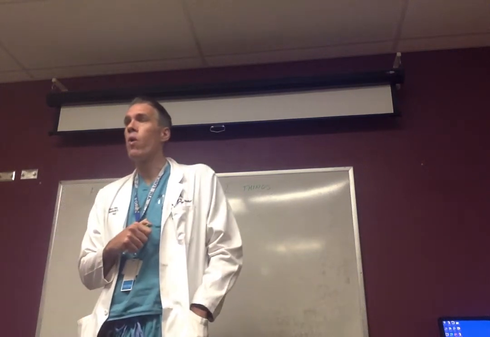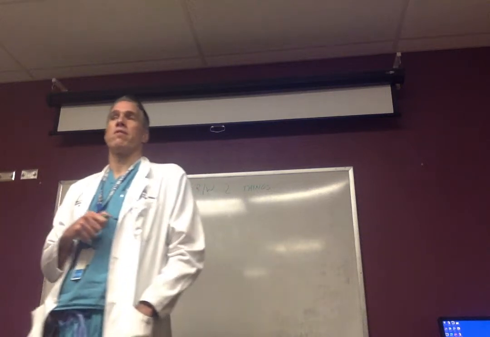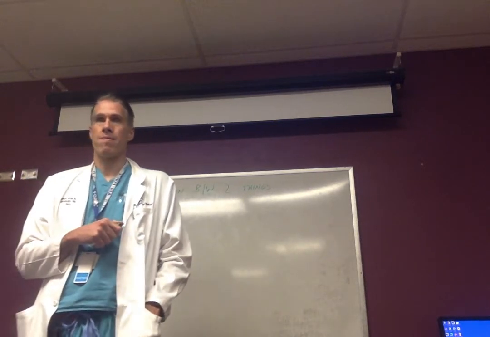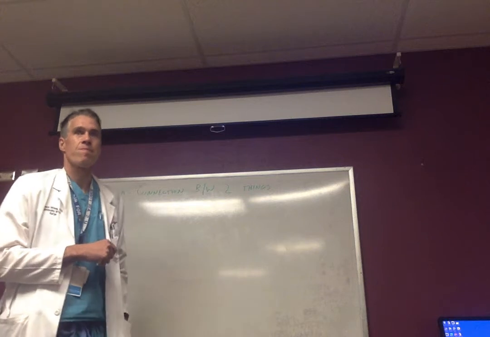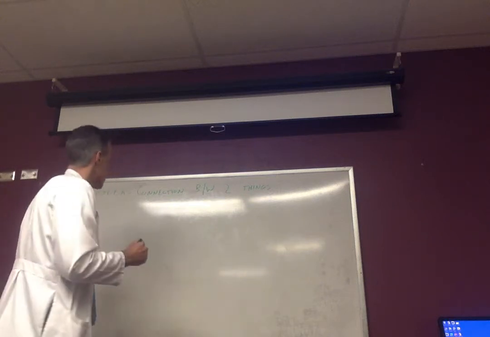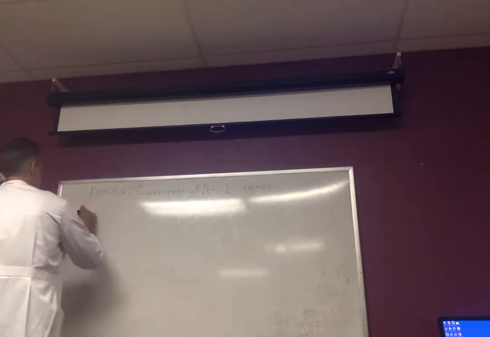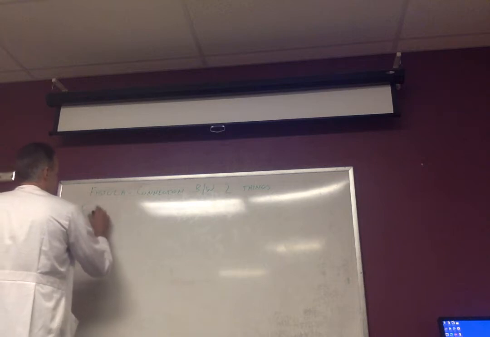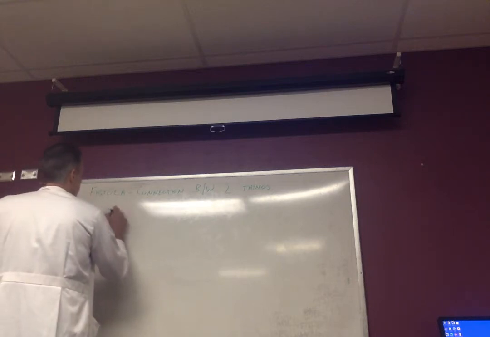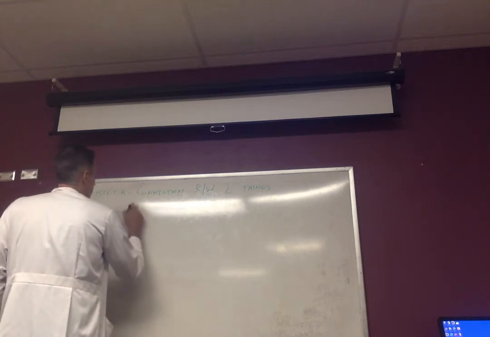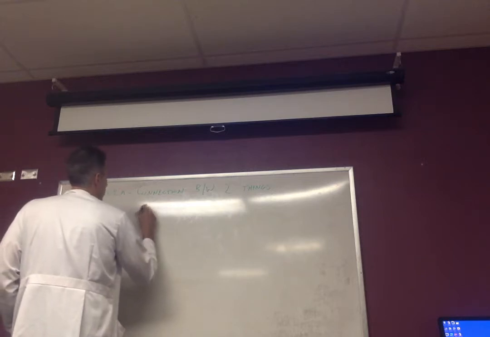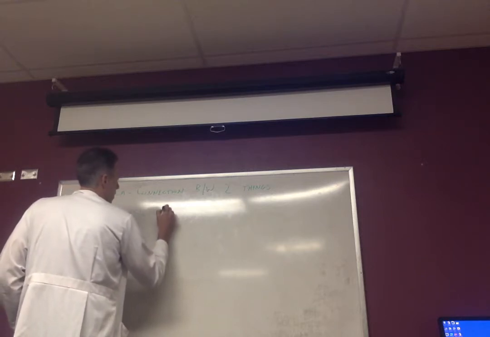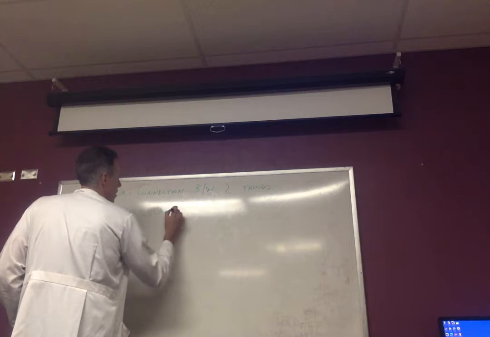So what kind of abnormal fistulas are there? So enterovesicular. And what is that fistula? What are the players in an enterovesicular fistula? Skin and the bladder?